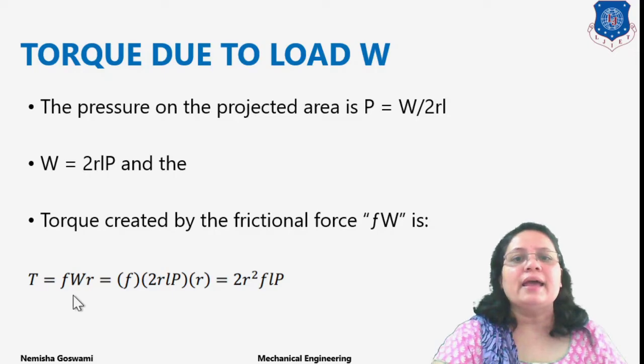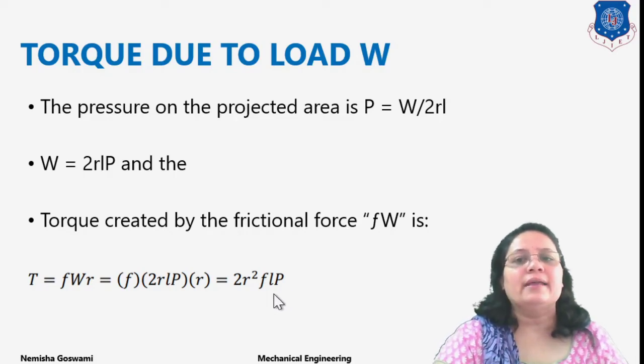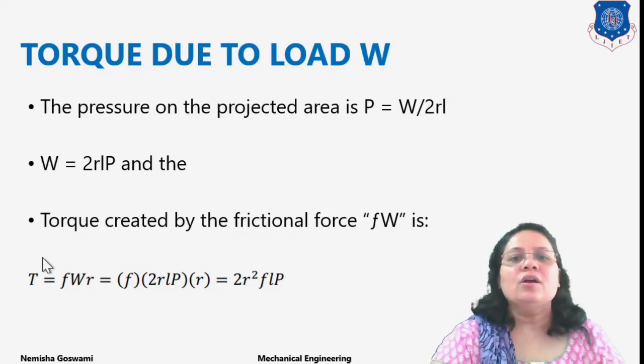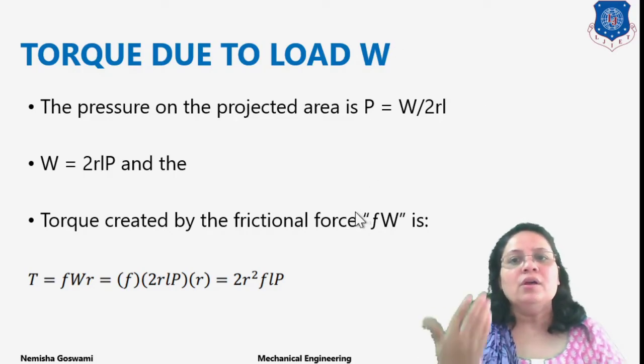So what is the W? W is equal to 2RLP. So we put this value: F into 2RLP multiplied by R. So you will get 2R square FLP. This is the torque due to load.